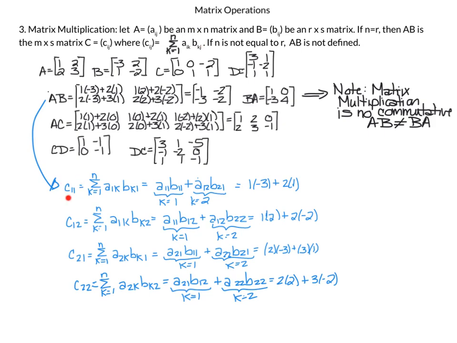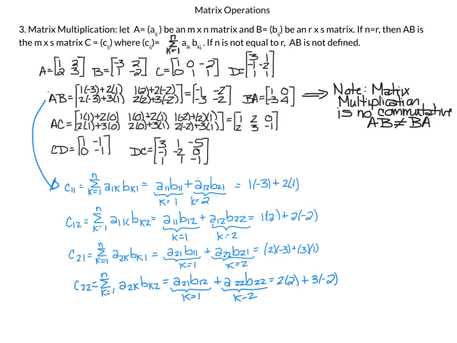For example, if we want C sub 1,1, in this case i is equal to 1 and j is equal to 1, so for our formula we have the sum from k equals 1 to n of A sub 1k, B sub k1. Remember, i and j are both equal to 1, so I plug that in here.